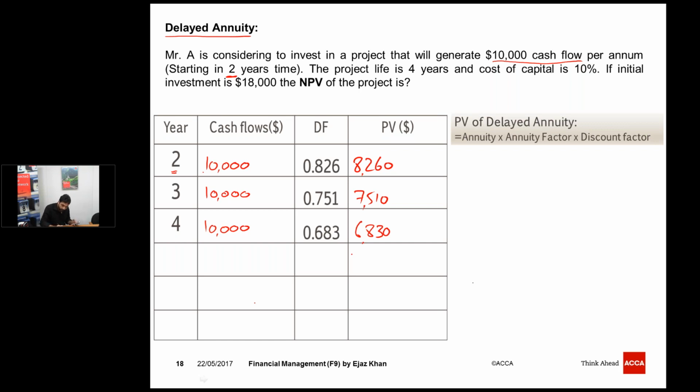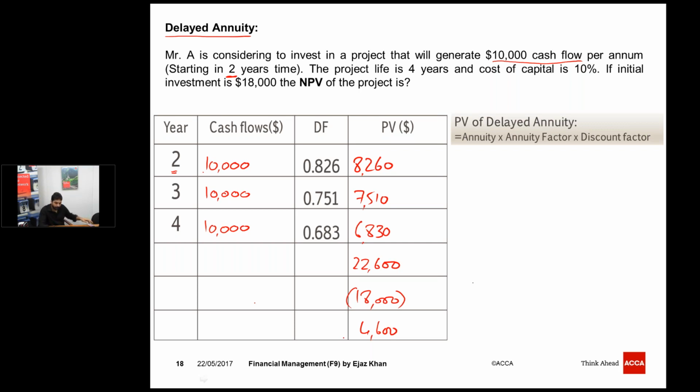So it's 22,600. The initial investment, $18,000, and the net present value will be $4,600. Excuse me. So this is the answer.